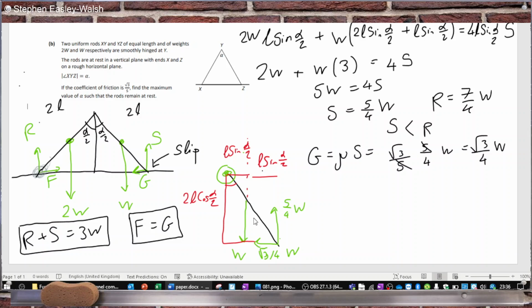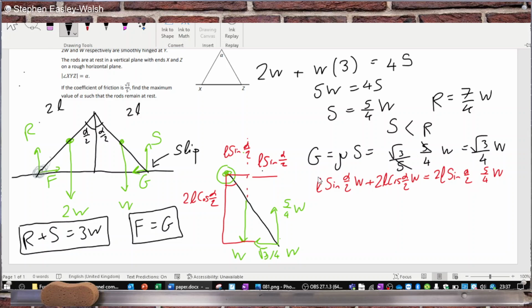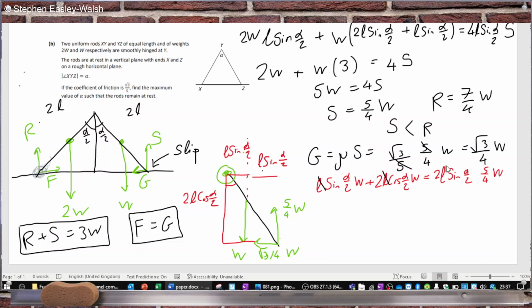So the first turning force, the W, will be L sine alpha over 2 W plus 2L cos alpha over 2 W, and that should equal this one here, which will be 2L sine alpha over 2 5 over 4W. Okay, let's do a little bit of simplifying. So you can get rid of the L's for sure, and you can get rid of the W's for sure.